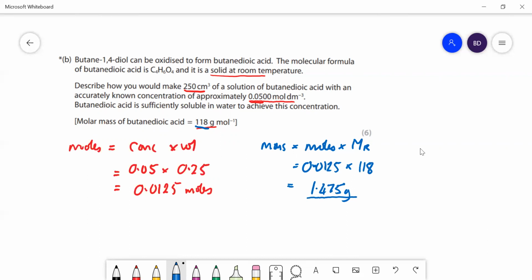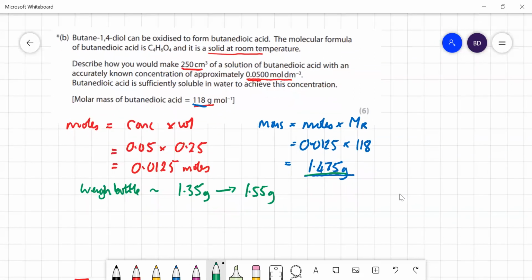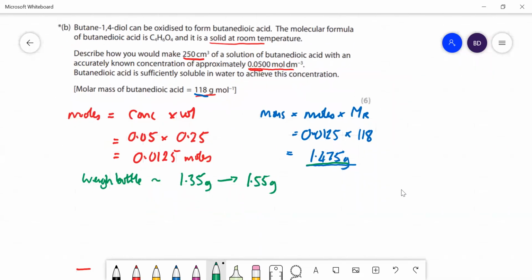Well, first of all, you're going to get a weighing bottle, and you're going to put in there somewhere in between, let's say 1.35 grams and 1.55 grams, around about this value here, of butanedioic acid. Right, and you want a balance either to 3 decimal places or 2 decimal places. So you're going to weigh the amount of butanedioic acid by subtraction.